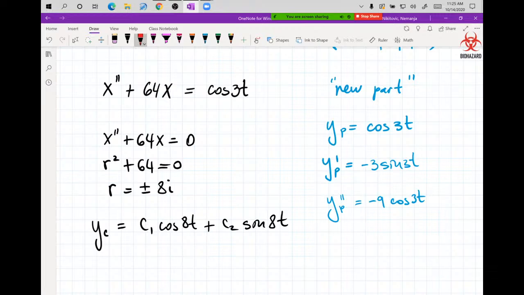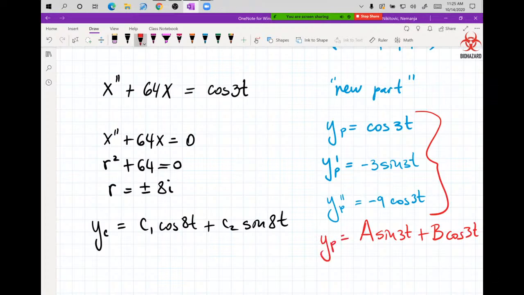All of these together, put together into the form of the solution, look like a sine 3t plus b cosine 3t, and that's what we're going to call yp as our test, and we just need to determine coefficients.